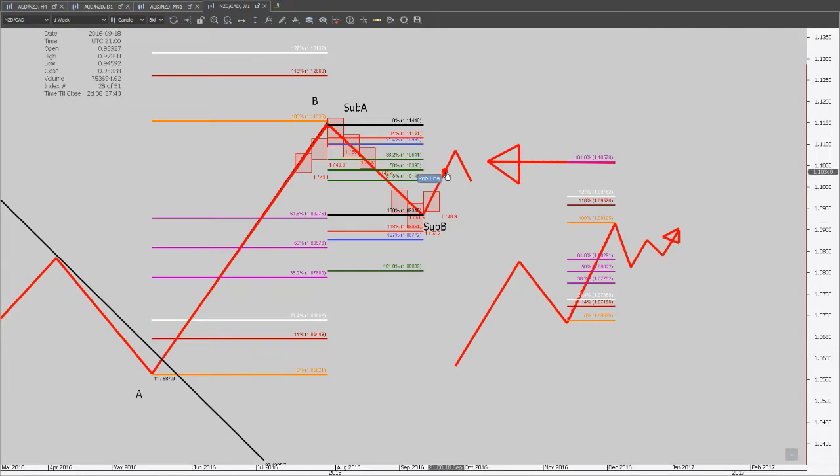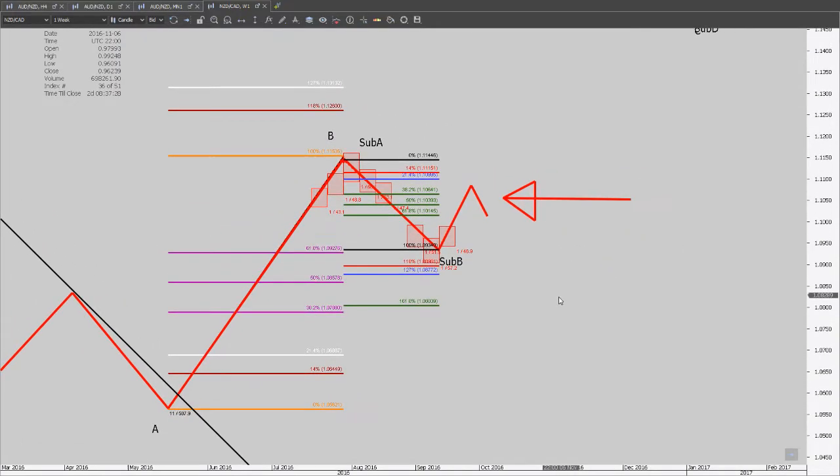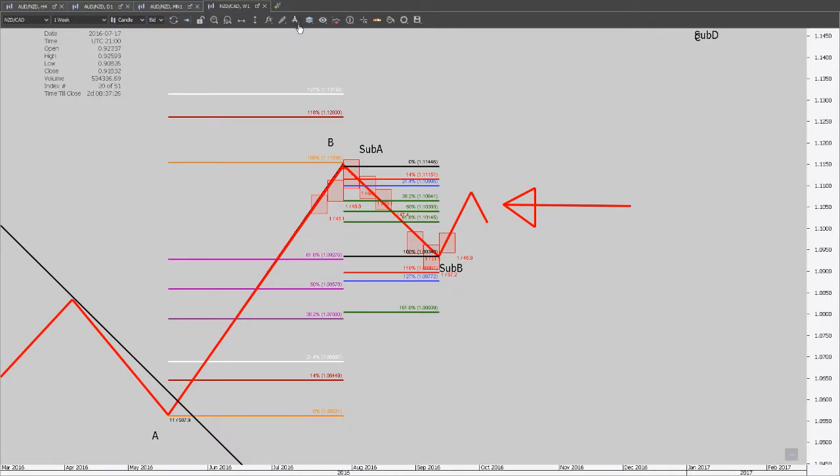So the retracement inside the sub A sub B boundary maybe equals the extension. And why I'm saying maybe, and this is the difficult part, this is when sometimes it's challenging, because we don't have the crystal ball, right?